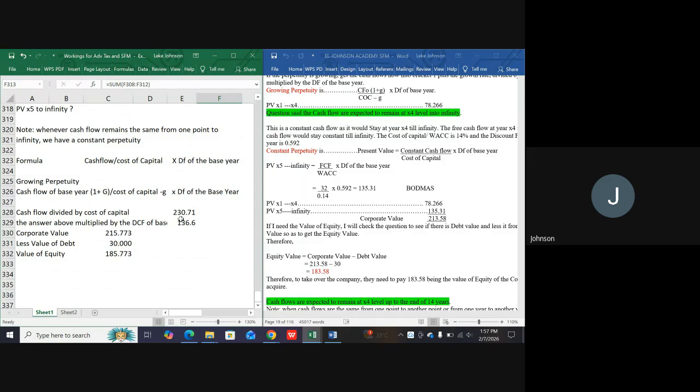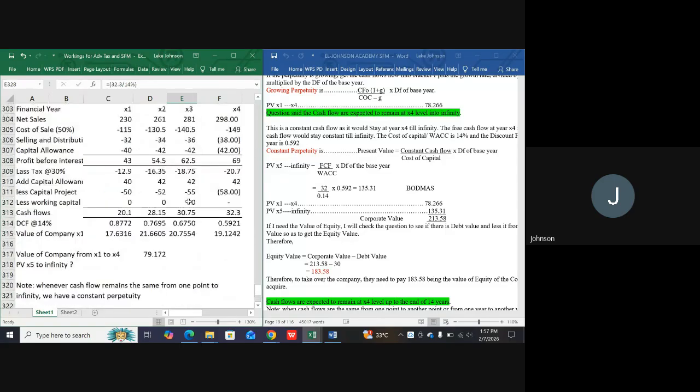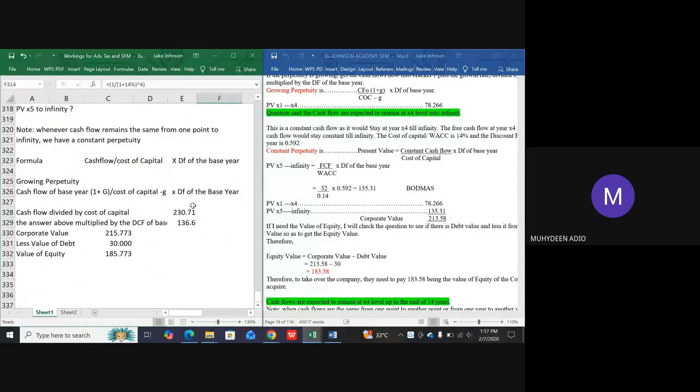Then whatever answer we get, we multiply by the discount factor of the base year, which is 0.5921. Year 4 is the base year, so we multiply by this, and that's how we're able to get this amount.